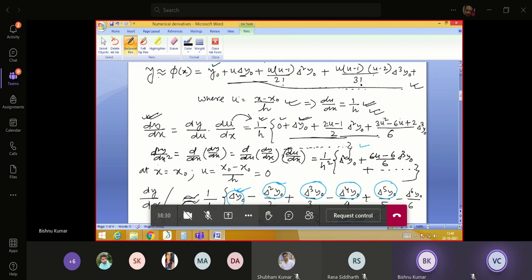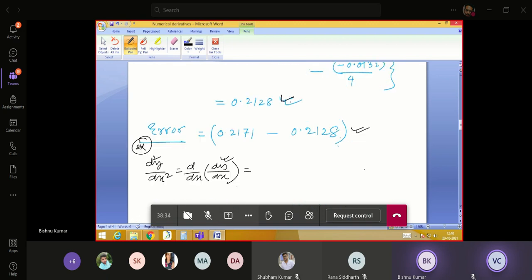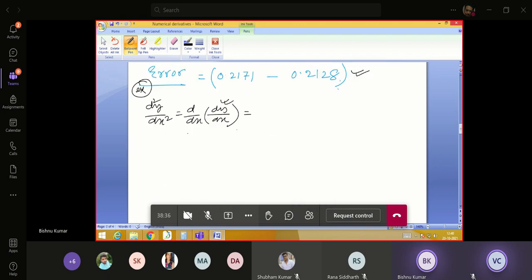In that expression, if I ask you to find the second derivative at the initial point, d2y by dx2, then your approximate value will be 1 by h square, that time del square y0. The next value is minus.